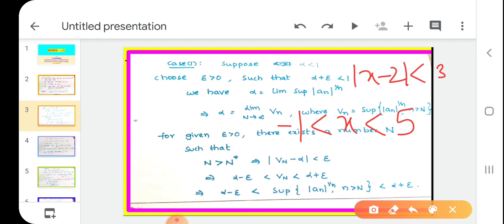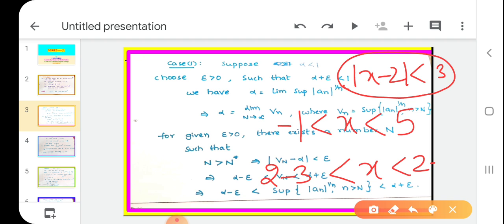How can you find this? I write here mod x minus 2 less than 3. I write 2 minus 3 less than x less than 2 plus 3. Are both the same or not? 2 minus 3 means minus 1, and 2 plus 3 means 5.